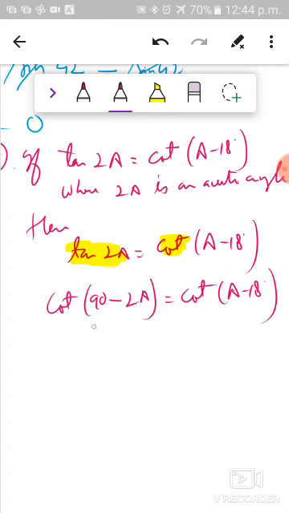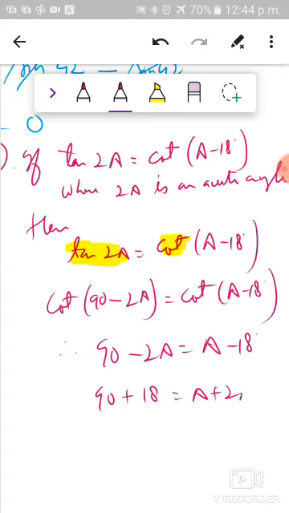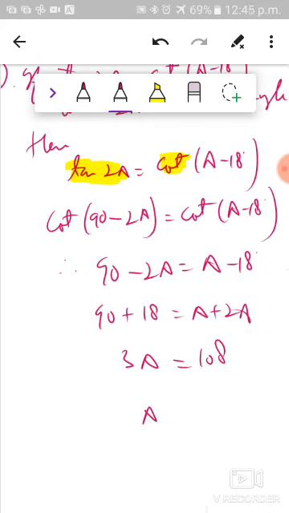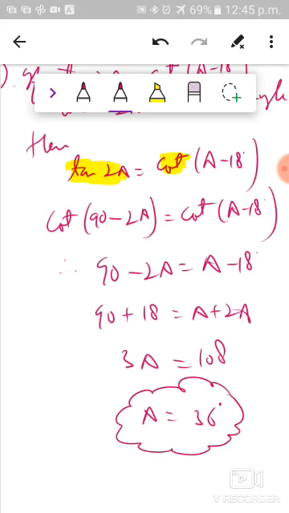Okay, right? So this is also the angle of cot 90 minus 2a, and here it is cot a minus 18. So therefore we can write 90 minus 2a is equal to a minus 18. Okay, which we can write as 90 plus 18 is equal to a plus 2a, that is 3a equals 108. So a is 36 degree, right?